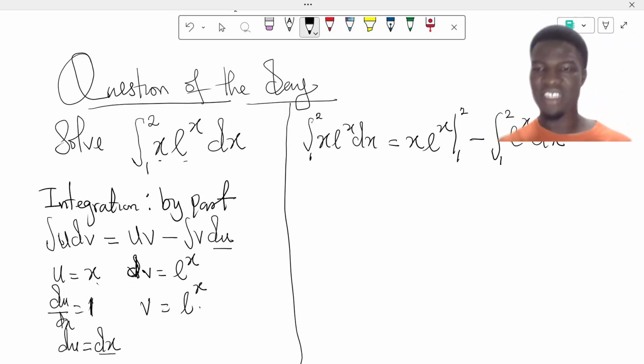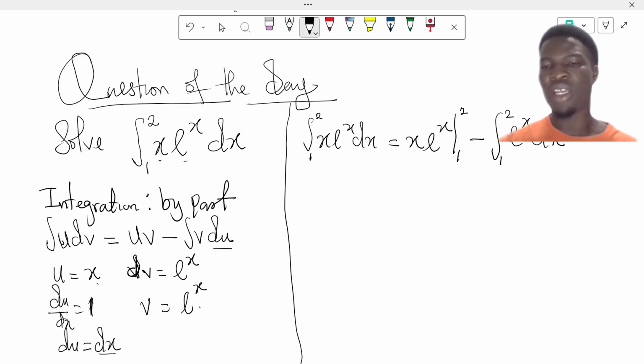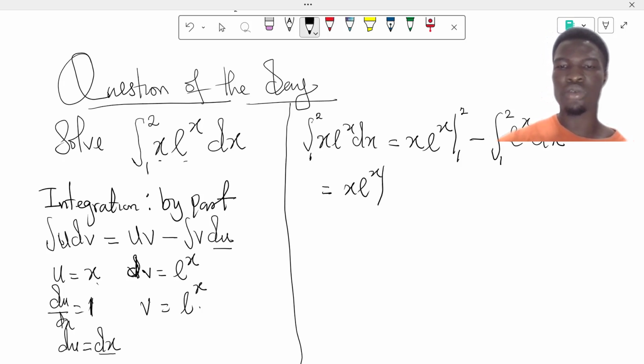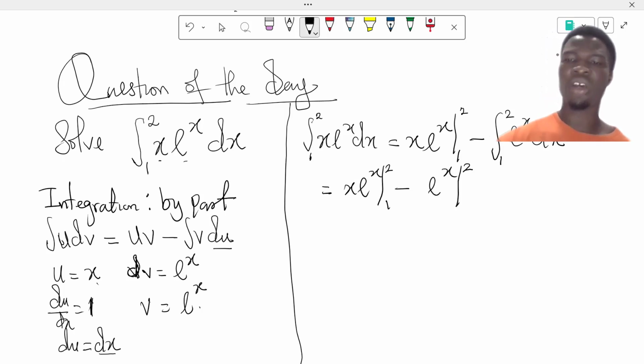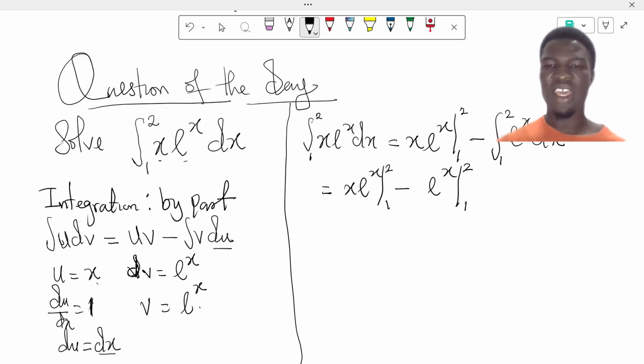This is the idea of integration by parts. You do it in such a way that you end up with a single term that is integrable. So now we have x exponential x on 1 to 2 minus, and I can integrate this to get exponential x on 1 to 2.